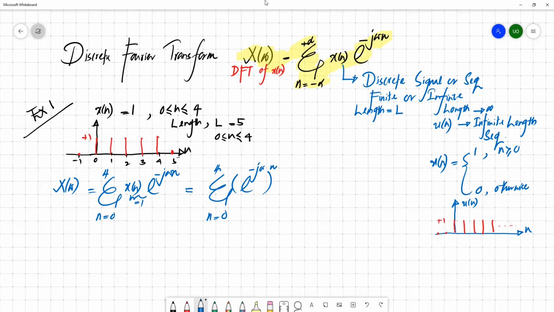It equals (1 minus r to the power N) divided by (1 minus r), where r is e to the power minus j omega and N is the number of samples, which is 5.